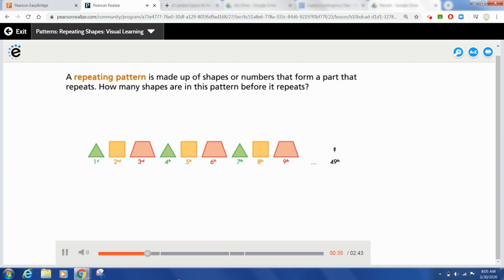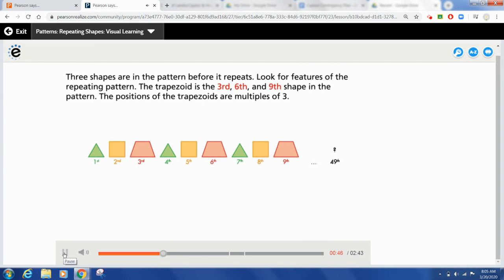A repeating pattern is made up of shapes or numbers that form a part that repeats. How many shapes are in this pattern before it repeats? 3 shapes are in the pattern before it repeats. Look for features of the repeating pattern. The trapezoid is the 3rd, 6th, and 9th shape in the pattern.